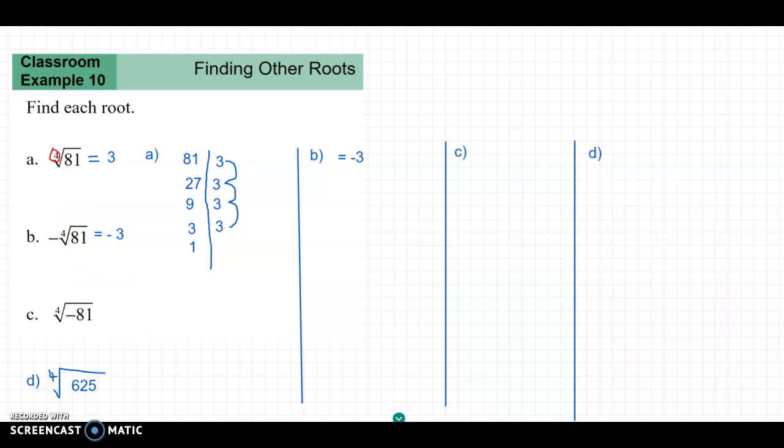But what happens here, guys? Here we have a negative number inside the fourth root. Do you remember what happened when we were asked to find the square root of a negative number? There's no real solution.